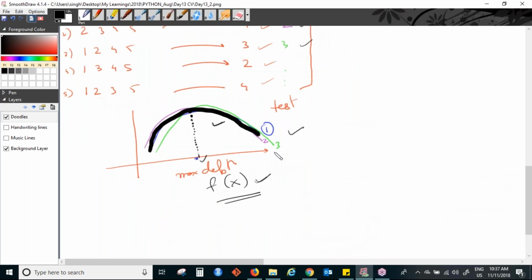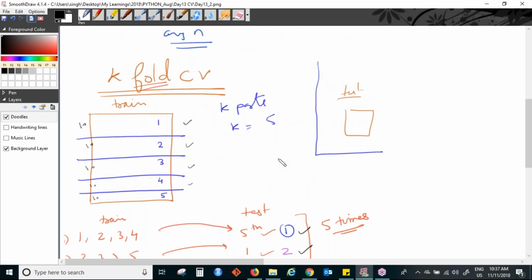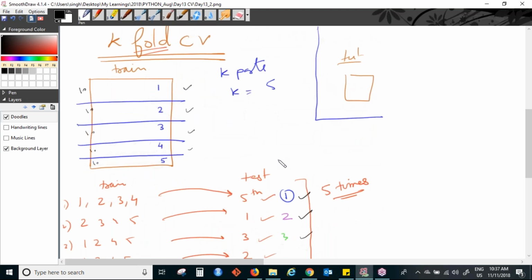So the advantage of k-fold cross validation is you're using all the data to build your model and all the data to test your model. And the disadvantage we saw earlier in leave one out cross validation, that the model was running a large number of times, is gone here because the model runs only k times. Okay, do you follow now?